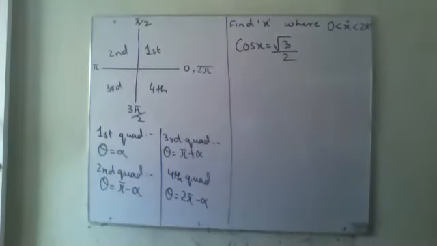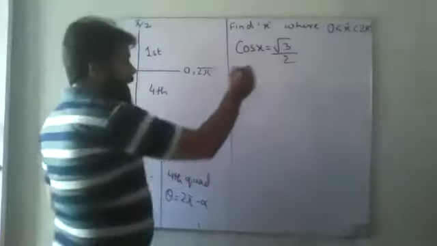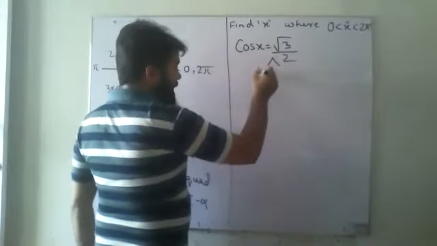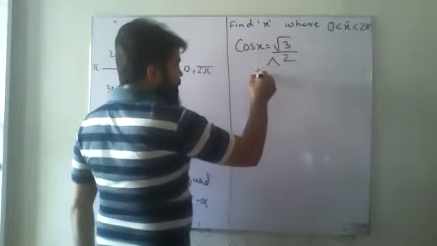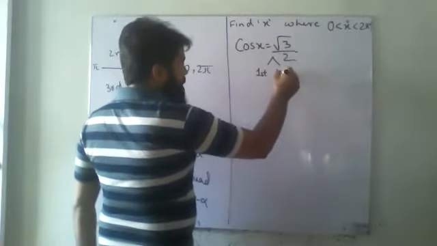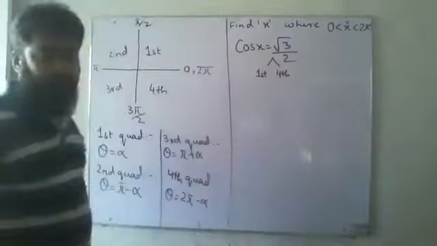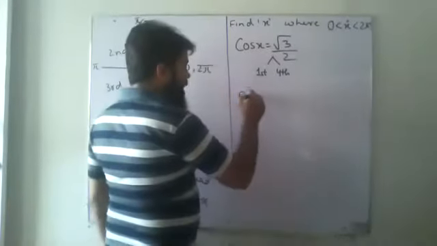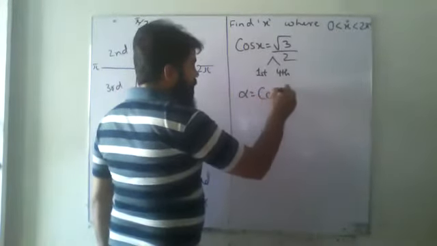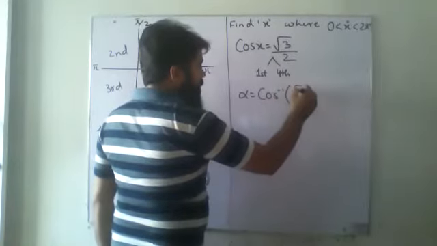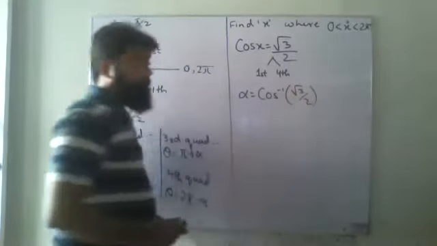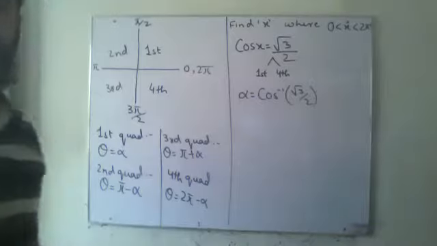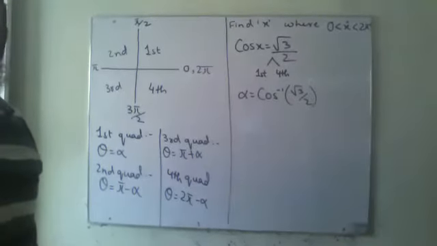So first of all, as it is positive, it should lie in the first and fourth quadrants, right? So alpha equals cos inverse of root 3 over 2. Make sure that your calculator is in radian mode.